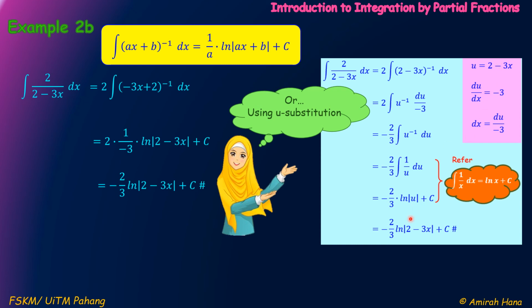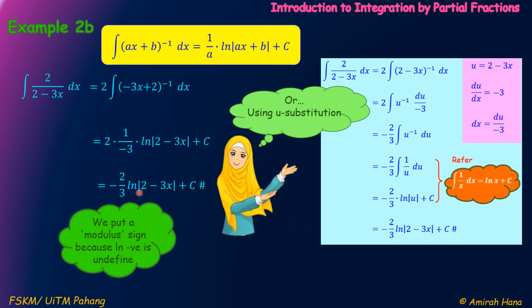Our u equals 2 minus 3x, so the final answer equals negative 2 over 3 ln modulus 2 minus 3x plus c. When we compare to the final answer using the formula, the answers are equal. And remember, when the answer is ln, we put a modulus sign because ln of a negative is undefined.